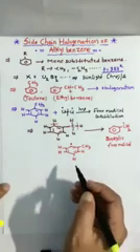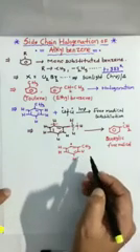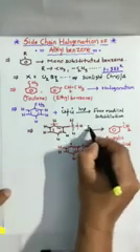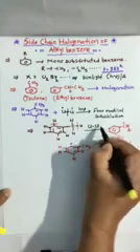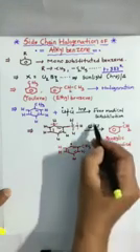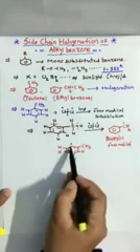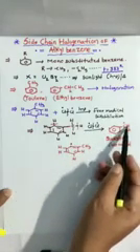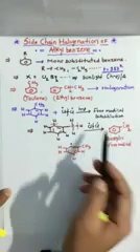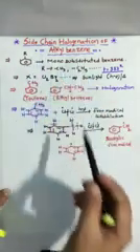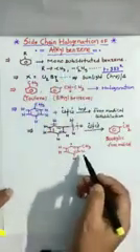Clear? Now chlorine has a chance to attack. If you break this free radical, it can attack here or it can attack here. But we are discussing side chain halogenation. So why side chain only?